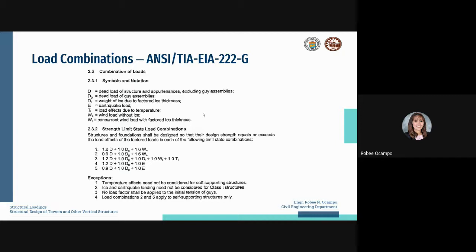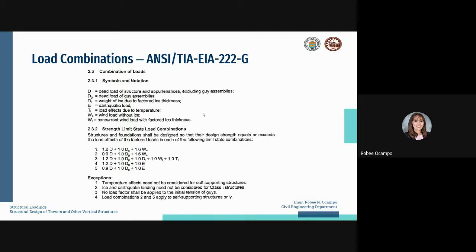Okay? So this is the load combination that we're going to use when we design antenna supporting towers. May it be a lattice tower, a guyed mast or guyed tower, or a monopole, anything that will be supporting antennas. So these are the load combinations that we're going to use.